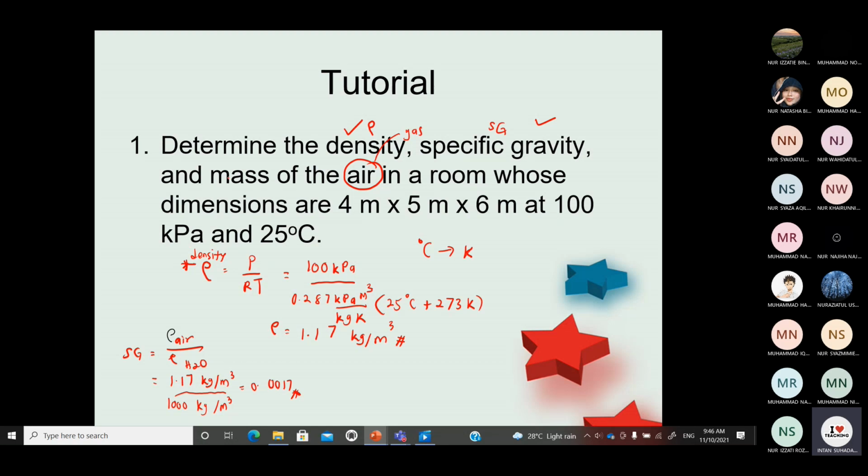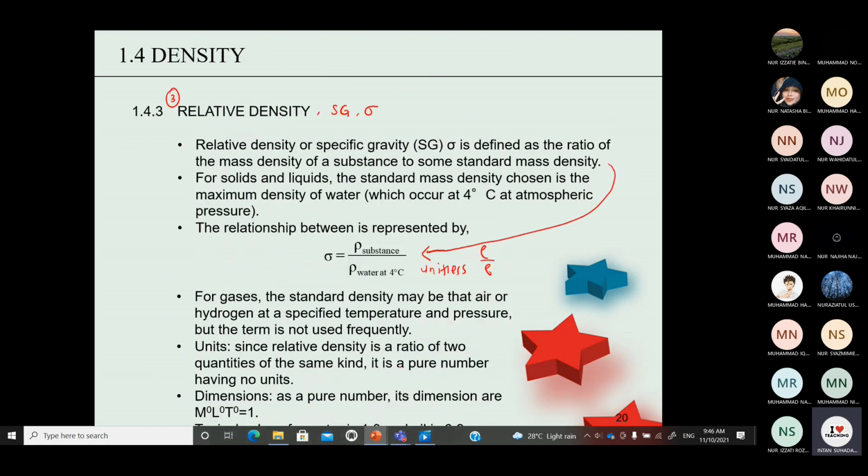And then the last question, the mass of the air in the room. You know that density is equal to mass over volume, if you can recall.